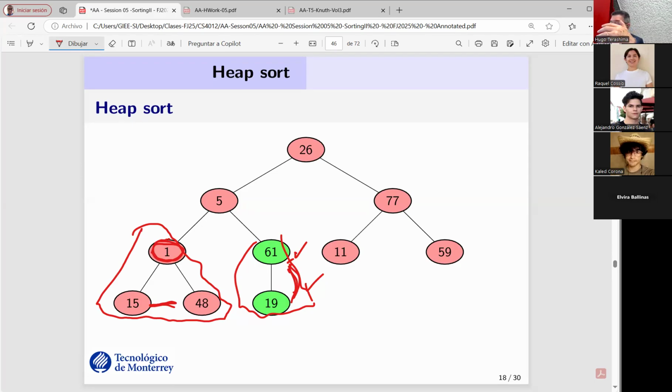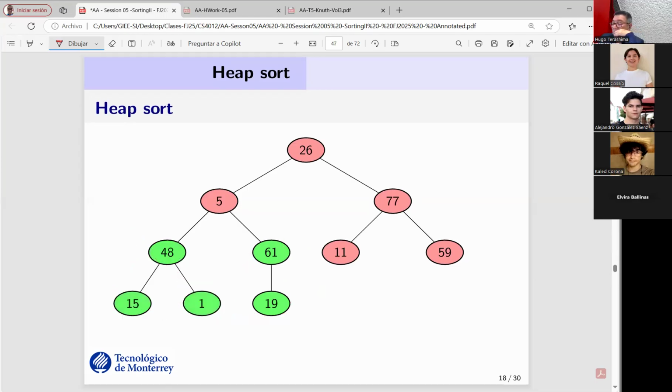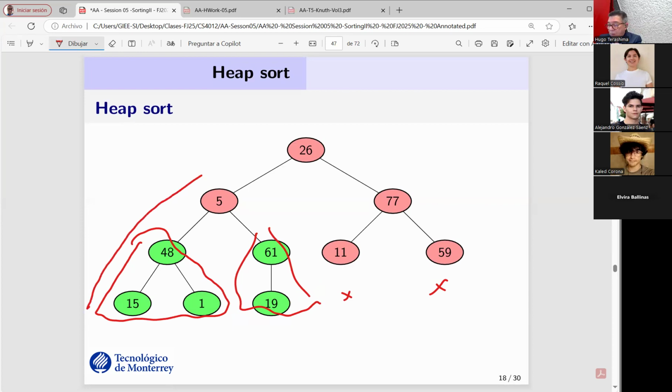So here we compare these two, and then the largest with this one, and then we get a heap. So we have a heap now here and here, right? Here we don't have heaps of those sizes yet. And now we continue to this larger heap.